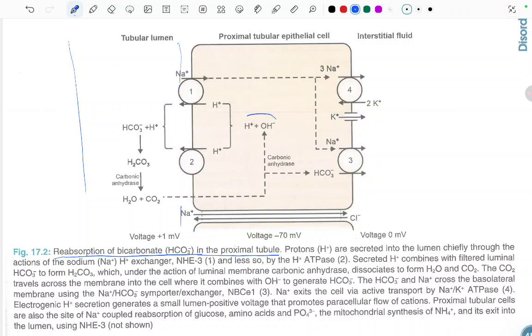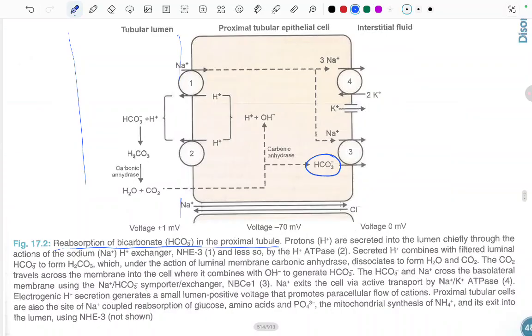See, bicarbonate is coming inside. So what is happening? Protons are excreted into the lumen, H plus is secreted into the lumen through the action of the sodium hydrogen exchanger. Sodium is coming in and the hydrogen is coming out.